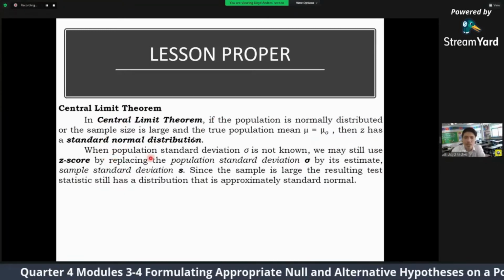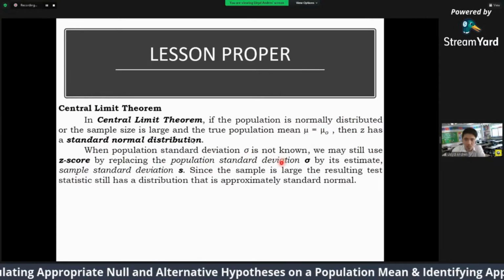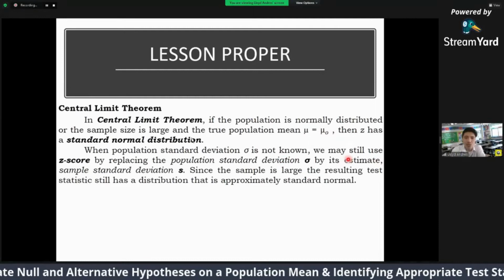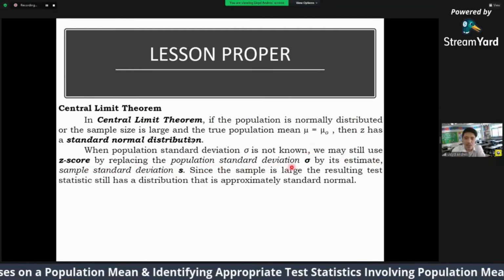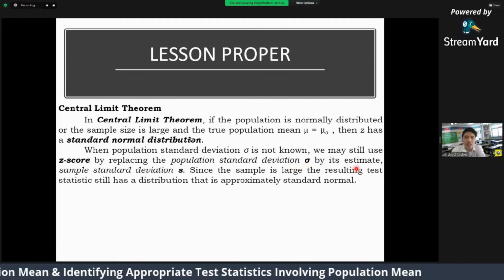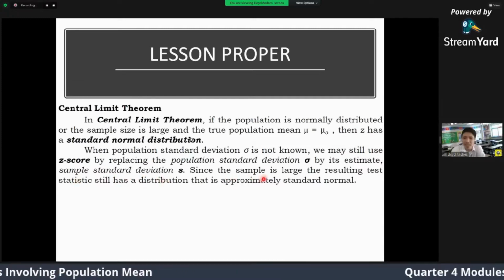When population standard deviation is not known, we may still use z-score by replacing population standard deviation sigma by its estimate, which is the sample standard deviation, since the sample size is large.